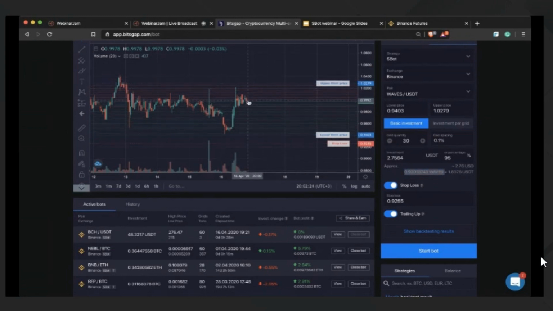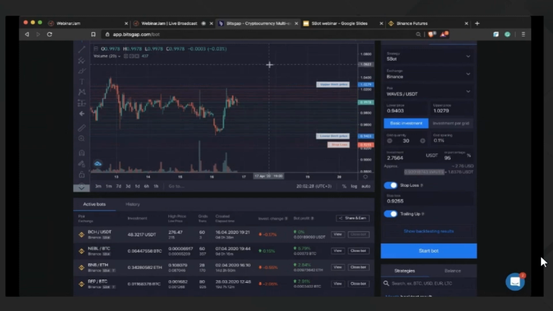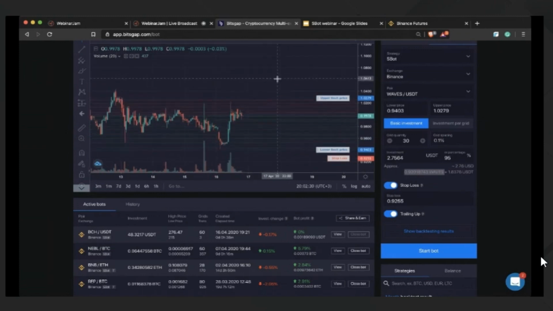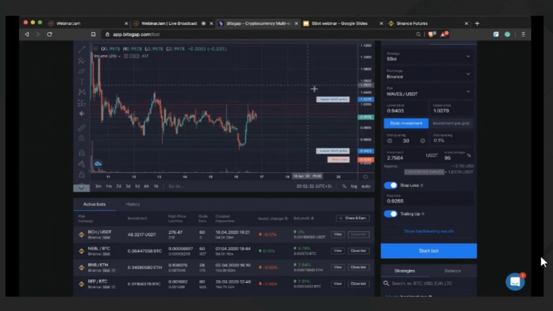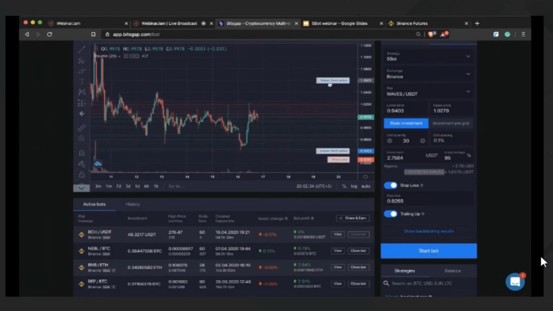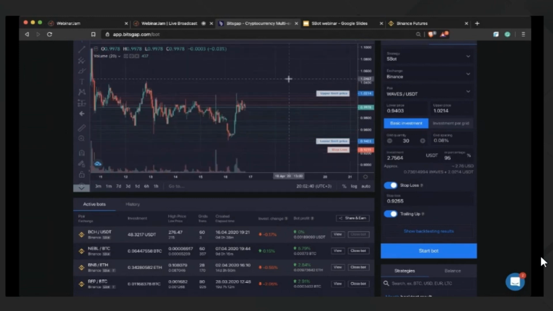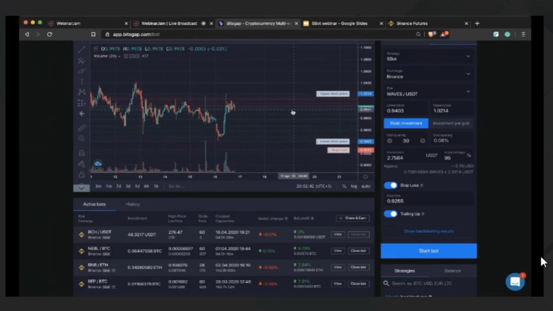So if the price from this point will go downwards, that means that compared with the previous case that I've shown you, where we had the wider sell zone, I will be less affected by the base currency value change because I simply have less of it on my balance right now. I mean, in the bot.